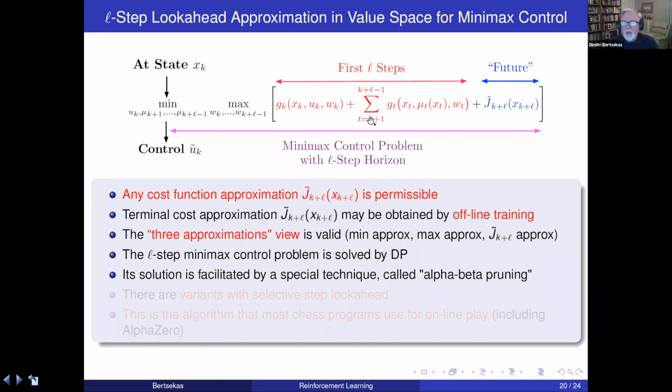It would not change the solution. This is used in games like chess extensively, but I'm not going to go into that. And by the way, this is not an approximation technique. Alpha-beta pruning is exact. In other words, the solution of the problem with or without alpha-beta pruning is not going to change.